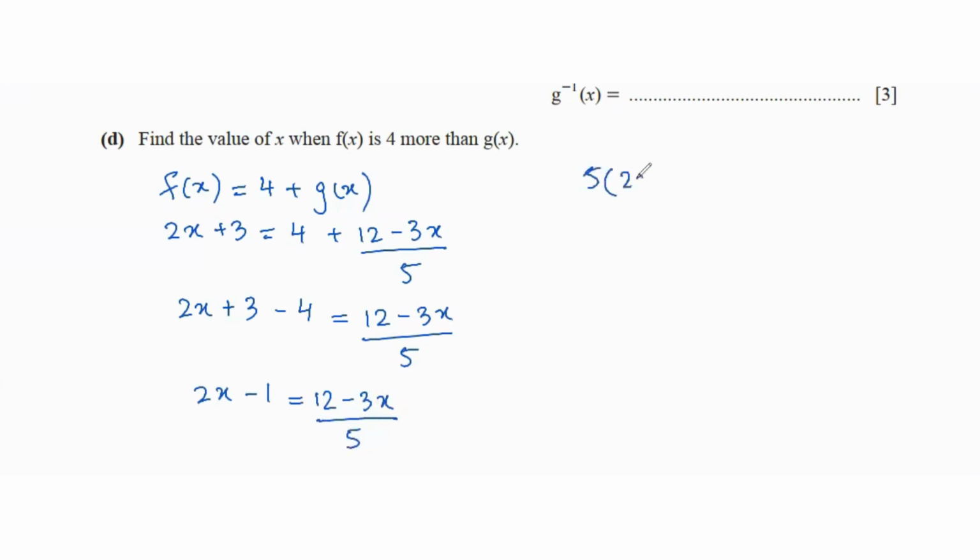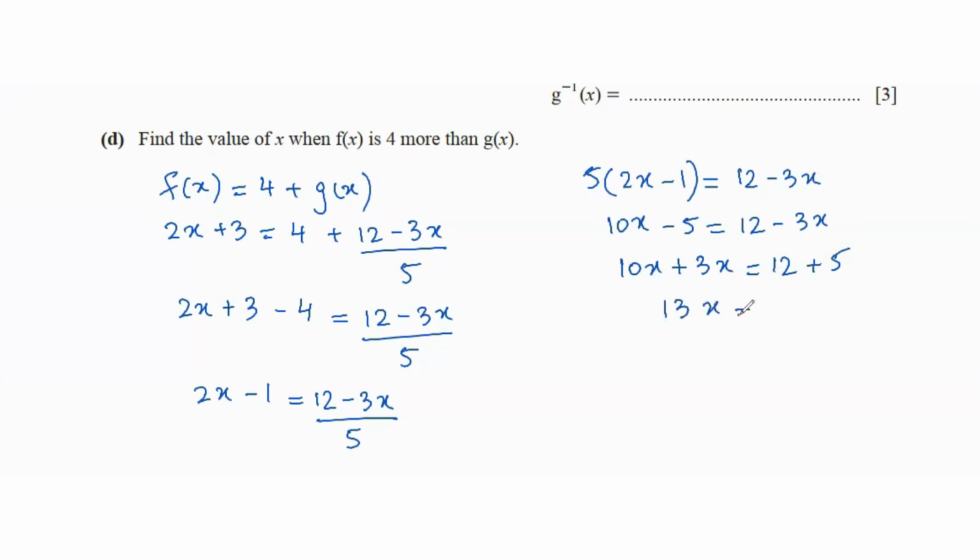So 5 times 2x minus 1 equals to 12 minus 3x, which is 10x minus 5 equals to 12 minus 3x. Swap 3x with 5, so 10x plus 3x equals to 12 plus 5. 13x equals to 17, and x is 17 over 13.